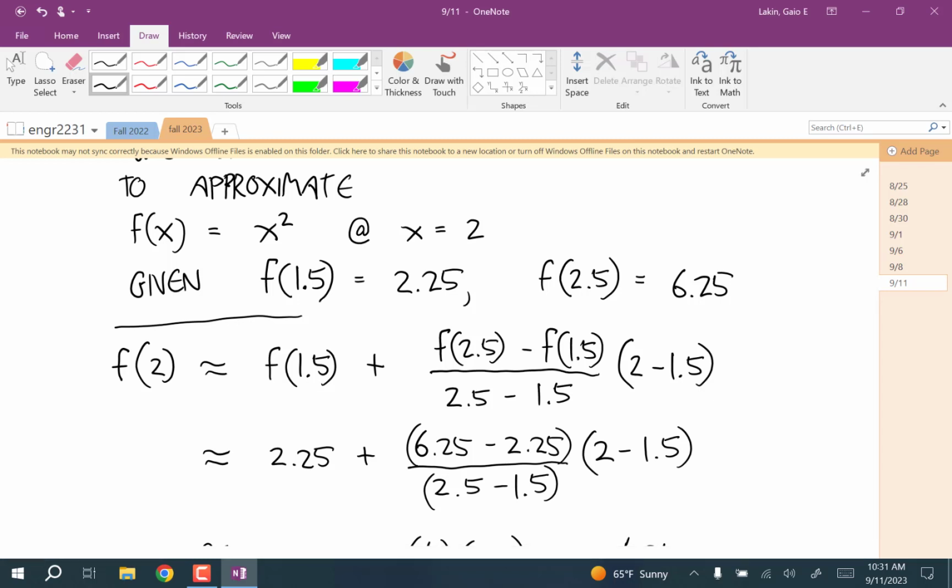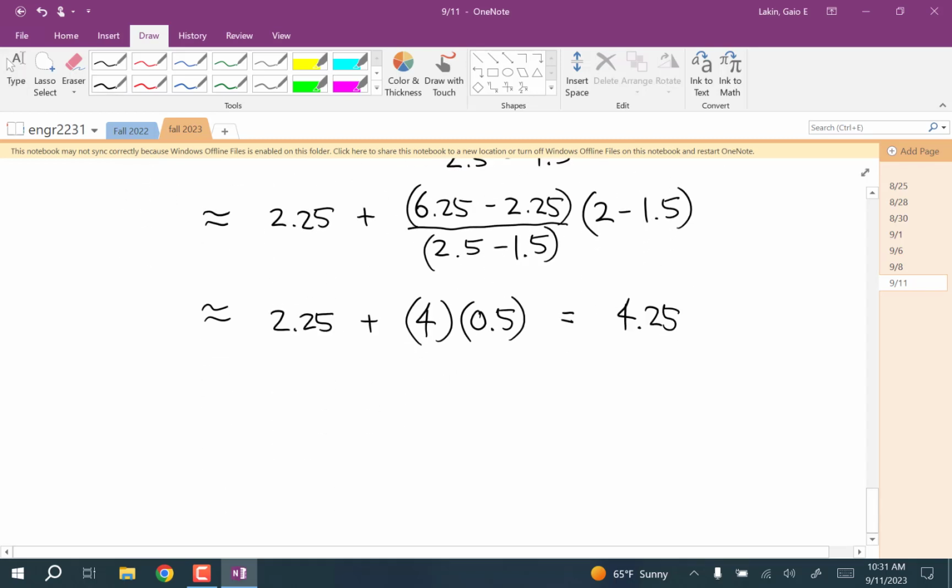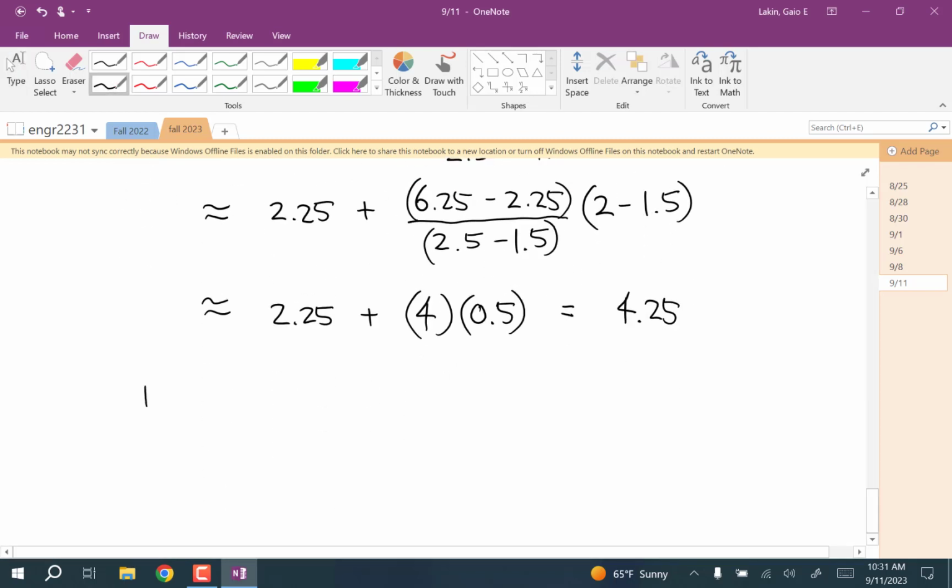So the smaller your intervals are, the better off you are. Using these tables, you don't get any choice about how close your values are. You just have to use what's in the table. But this is the idea. So this is 1D linear interpolation.